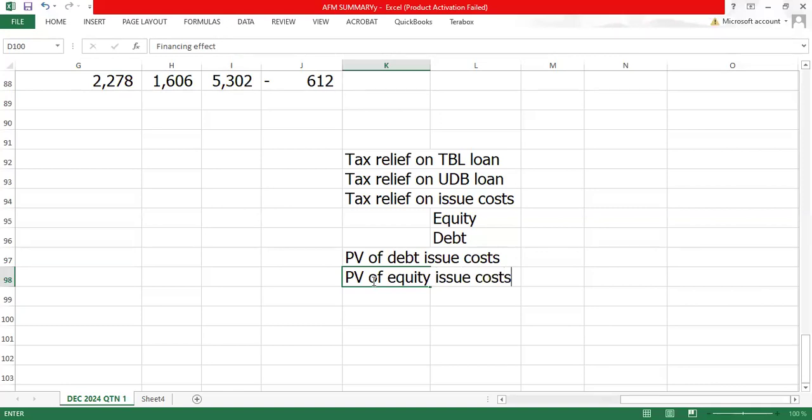You need that as well. Then another thing that you may need is on cheap loan. You will need the net savings on cheap loan, the PVs of those net savings on the cheap loan.